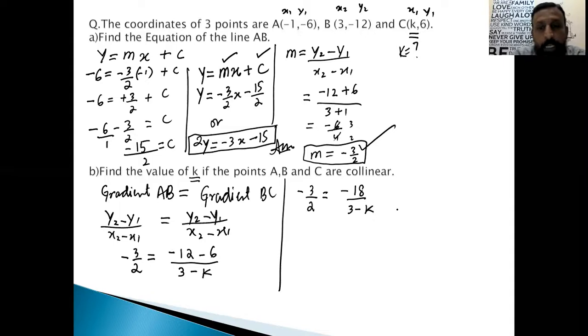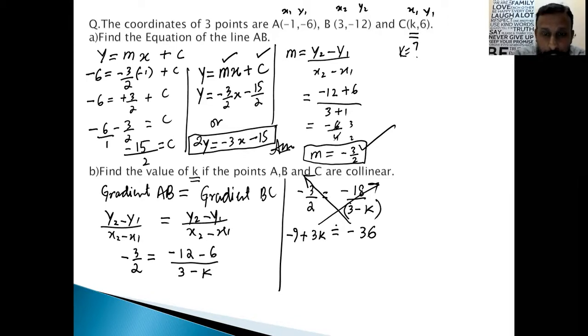Dear students, in order to simplify this and find k, you need to cross multiply the two denominators on the other sides. So minus 3 multiplied by the bracket, and 2 multiplied by minus 18. 2 multiplied by minus 18 makes minus 36. Minus 3 multiplied by 3 is minus 9, and negative 3 multiplied by negative k is positive 3k.